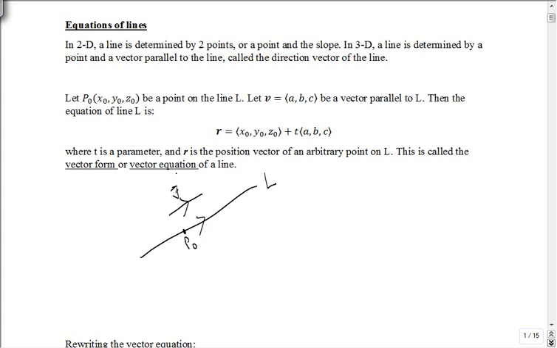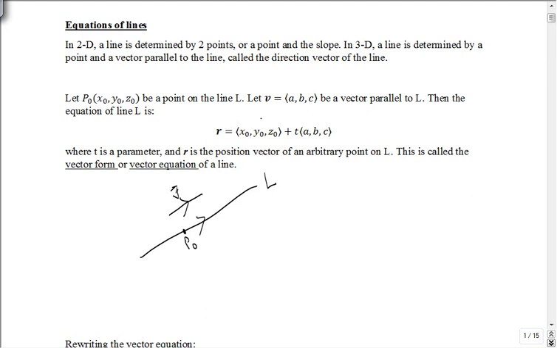Then the equation of the line is R, an arbitrary vector, equal to the vector x0, y0, z0, which is the position vector of the point, plus t times the direction vector. So I'll say it again.